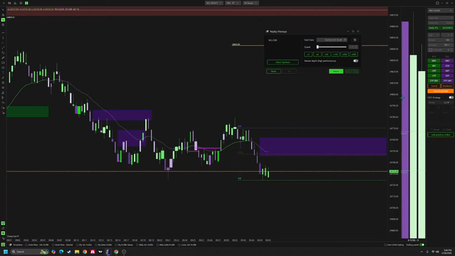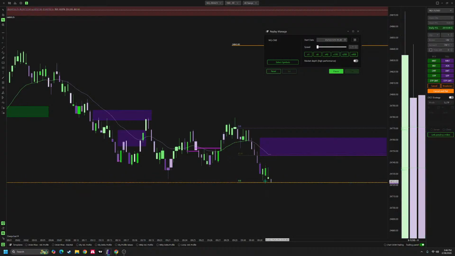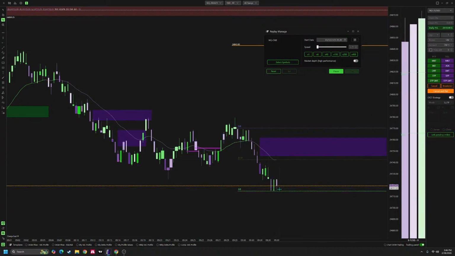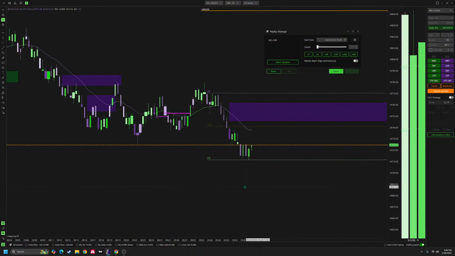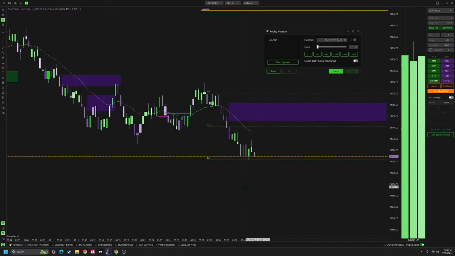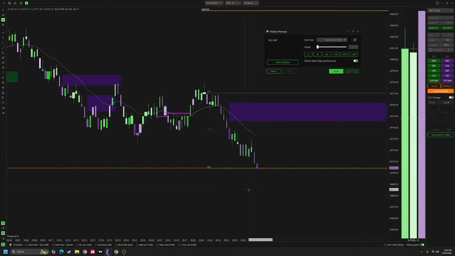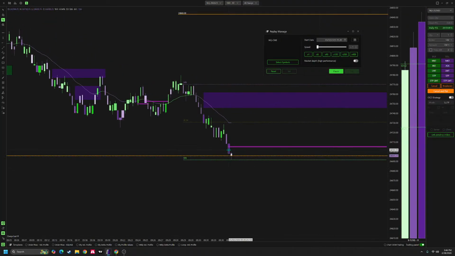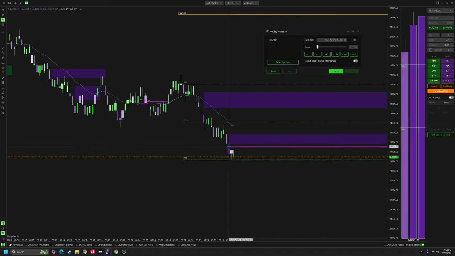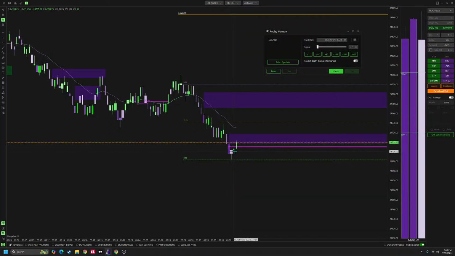Just lots of selling pressure. Buyers are stepping in though. There's aggressive buyers here. Sellers are also stepping in. And price continues to push down lower. Aggressive sellers stepped in here, and it looks like they got rewarded.